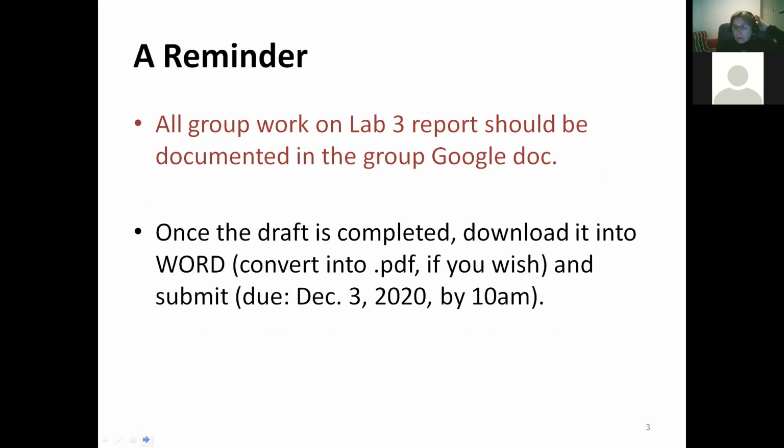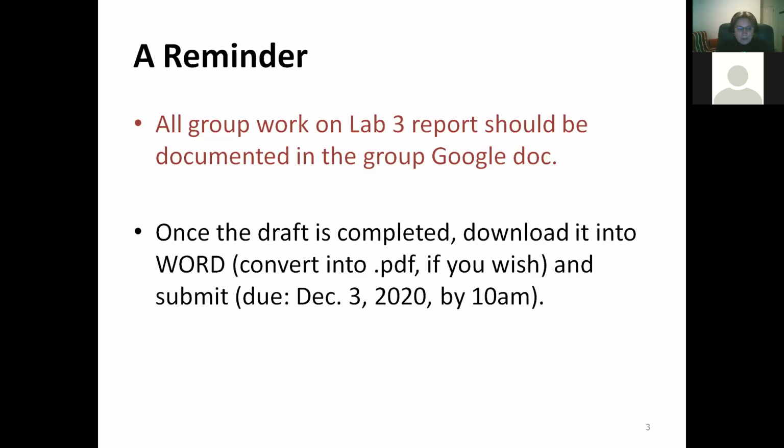To remind you that all your work, it shouldn't say lab 3, it should say assignment 2. All the group work should be done in your group Google Doc, because that's what will give us a way to make sure that everybody who was a member of the group contributed equally. So I'll show you a form and I'll post it on Blackboard, a form for group work evaluation.